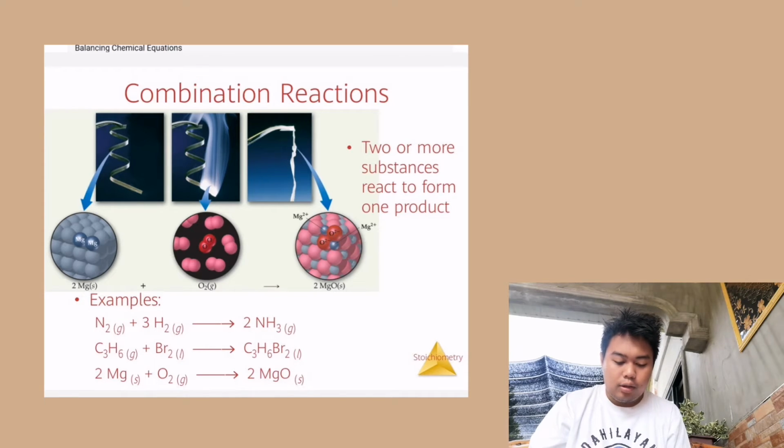Example, nitrogen plus hydrogen equals ammonia, and 2 magnesium plus oxygen equals 2 magnesium oxide.